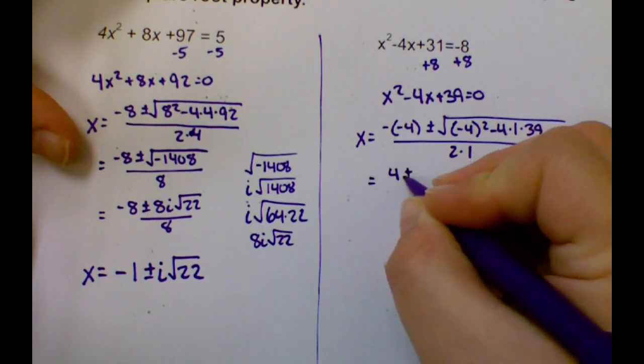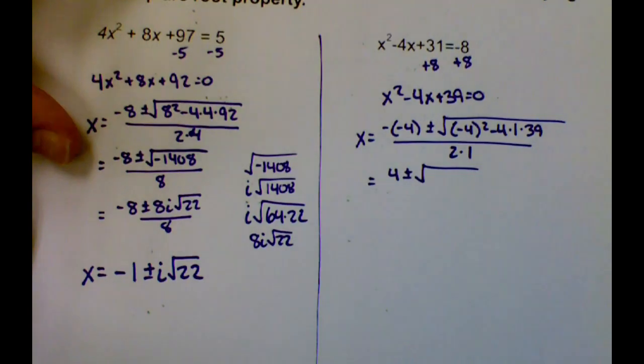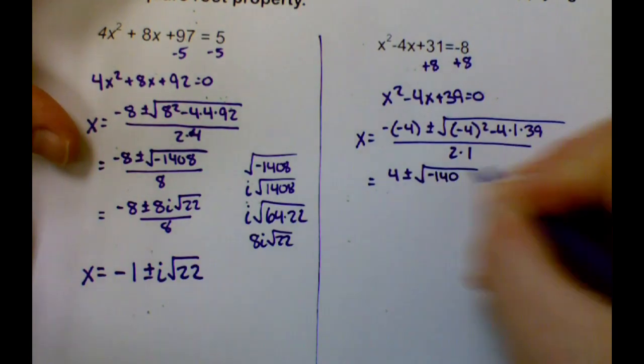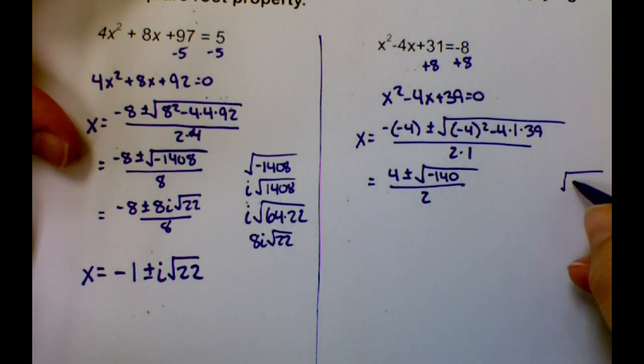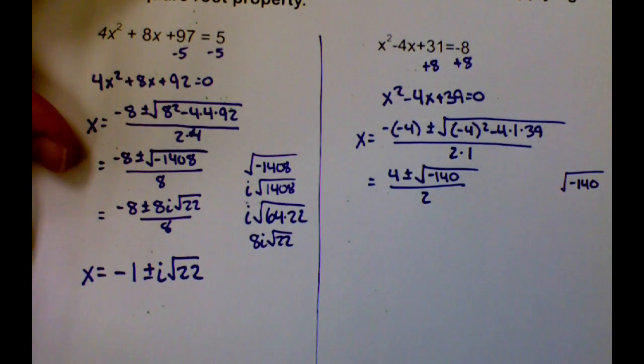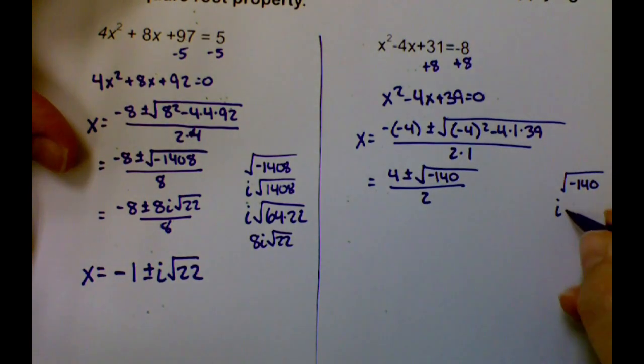Clean that up a little. I get 4 plus or minus the square root of, let's figure out what that is, 16 minus whatever 4 times 39 is. My calculator tells me that's 140, but negative. Let's simplify the square root of negative 140. Well, let's see. I know I've got to take an i out.